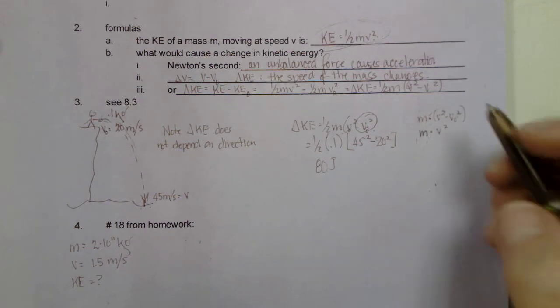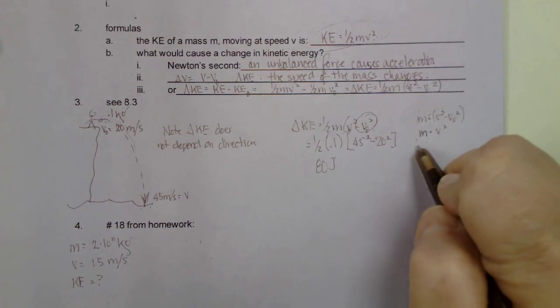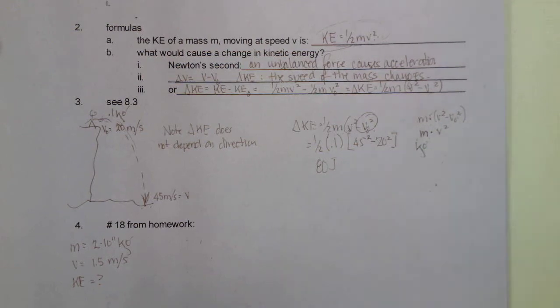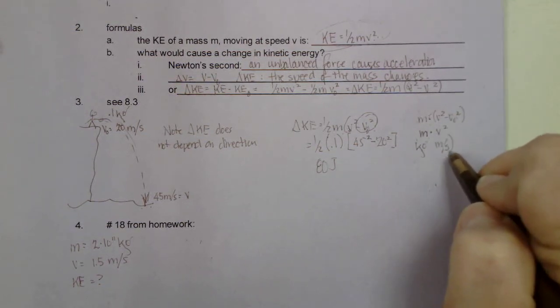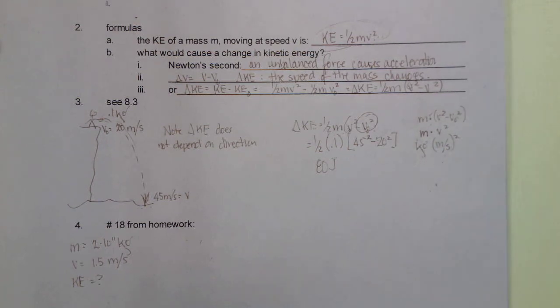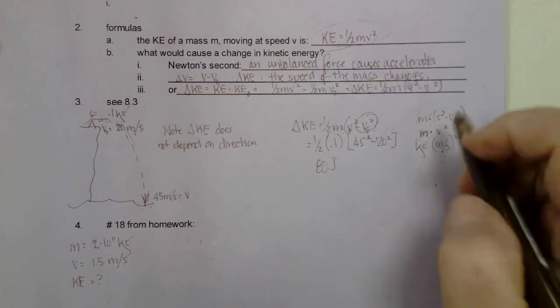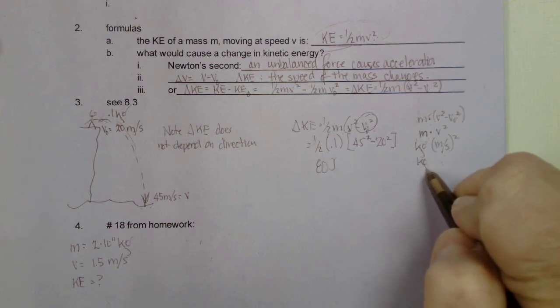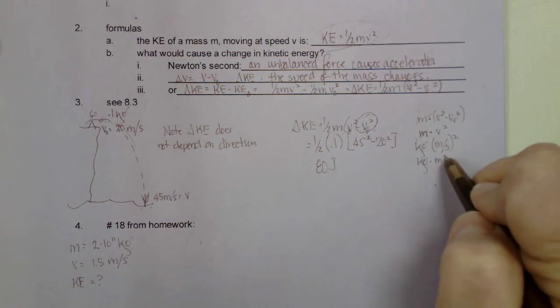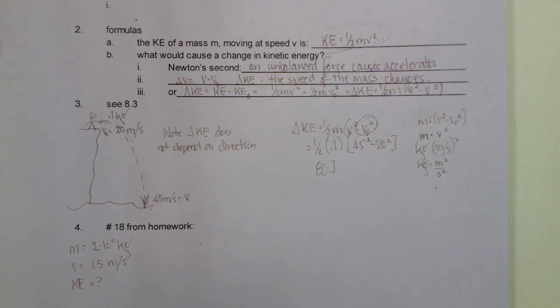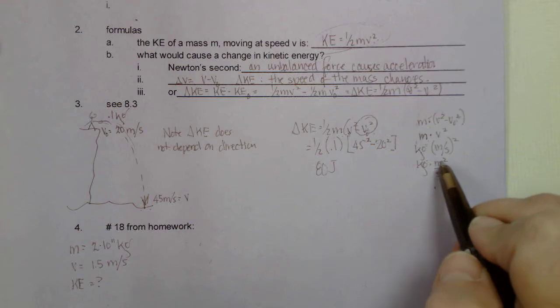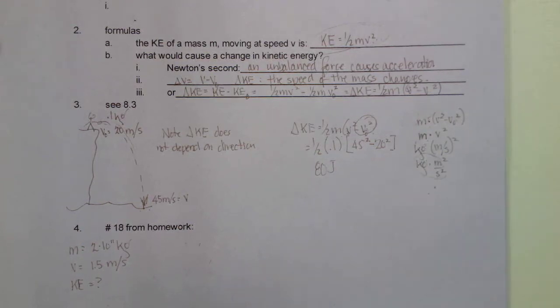Now let's put the units in. Unit for mass is kilogram. Unit for velocity is meters per second, but I square it. Now what I have is kilogram times meter squared over second squared. That's still feeling like a long way from joules. But I'm seeing something vaguely familiar in my kilograms times meters per second squared.